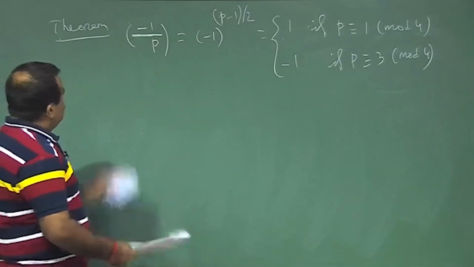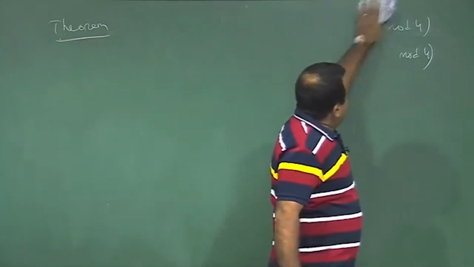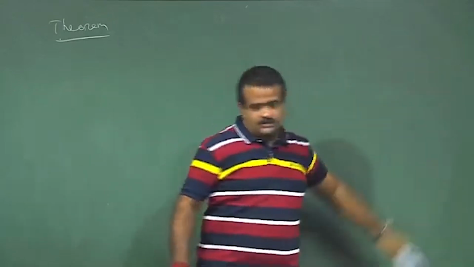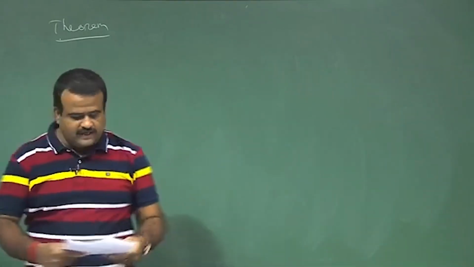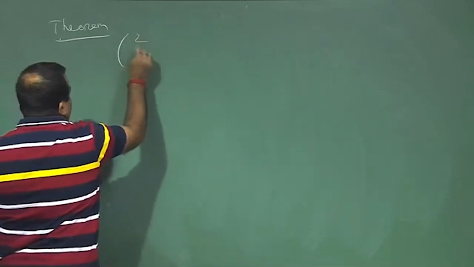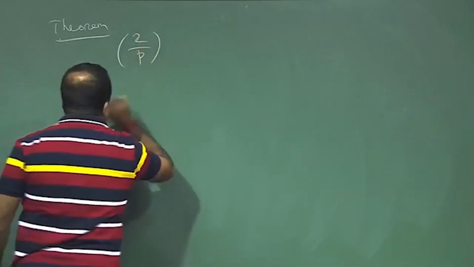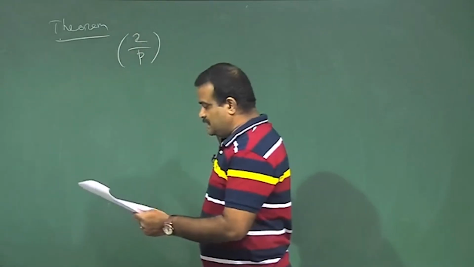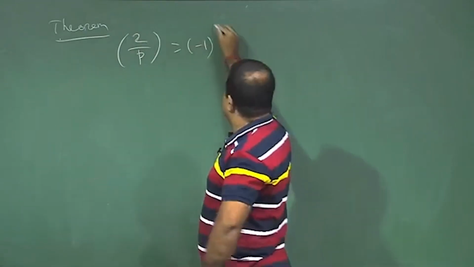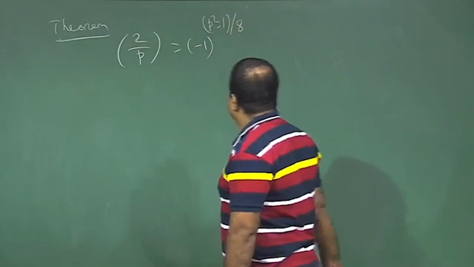Now the next result, which we will be using for calculating Legendre symbols. The next result is telling us 2 by P, where P is a prime because these are all Legendre symbols, is minus 1 to the power (P squared minus 1) by 8.